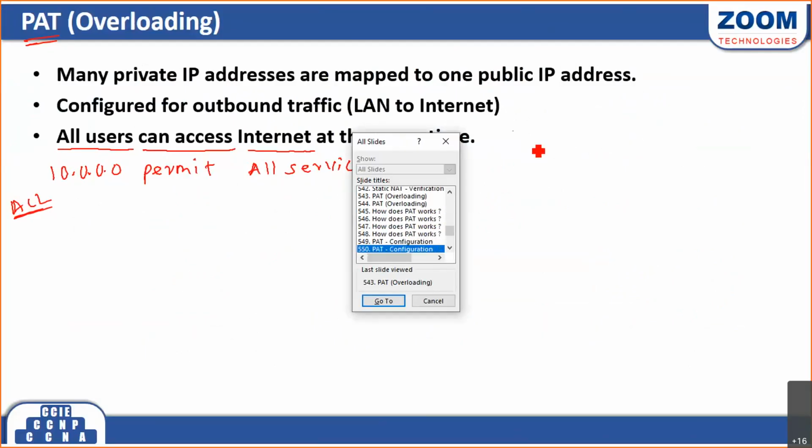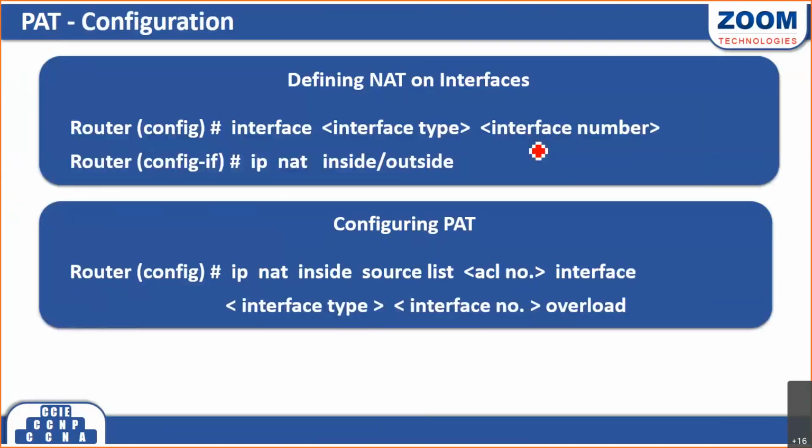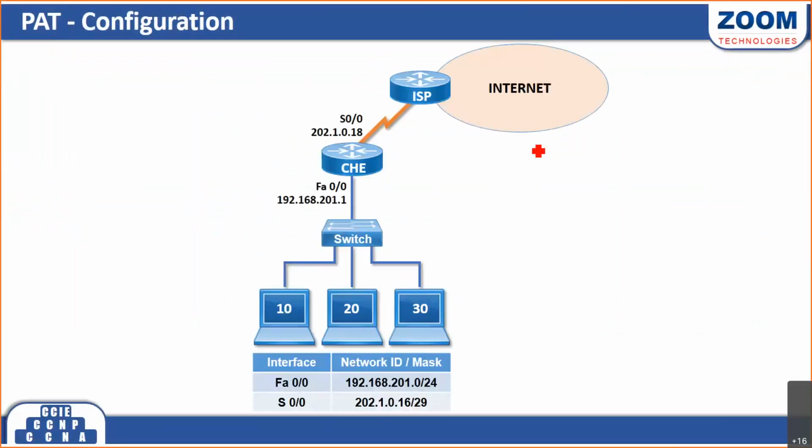Okay, let's see another configuration. 10, 20, 30, all users can reach the internet with only one WAN link. So 1.10, 1.20, 1.30 traffic has to come into the WAN port. Many private users' traffic is coming to the serial port.